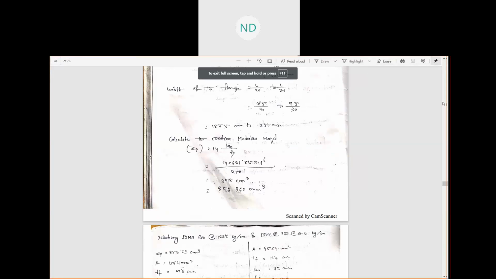Till where have we completed? Did we do till the sections? We were selecting the sections, I guess.